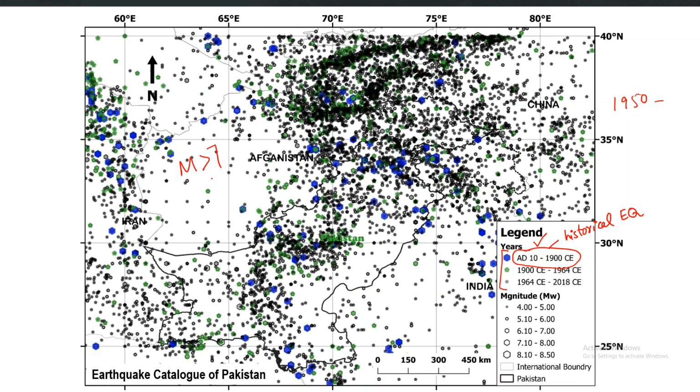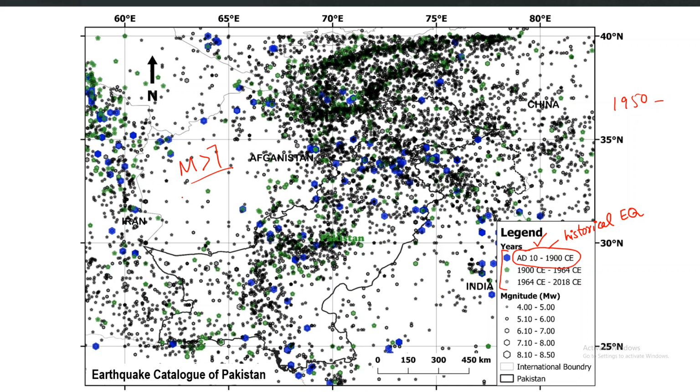By the way, you cannot see any blue dots which are smaller than, I think, magnitude 7. Most of them are greater than magnitude 7. The reason is that only the major earthquakes have their information in different literature or historical texts.